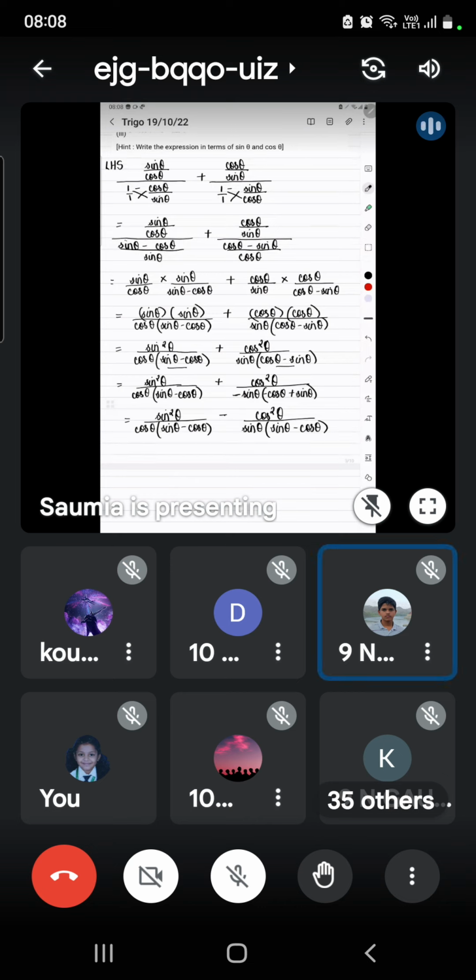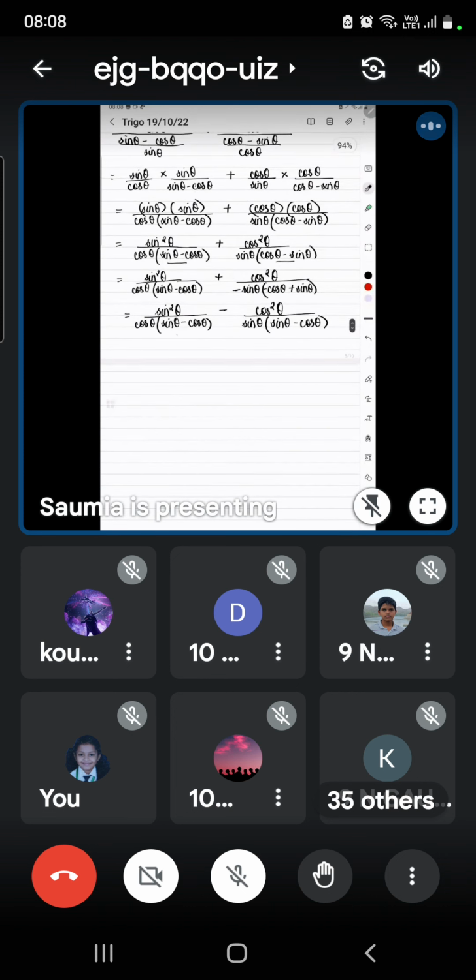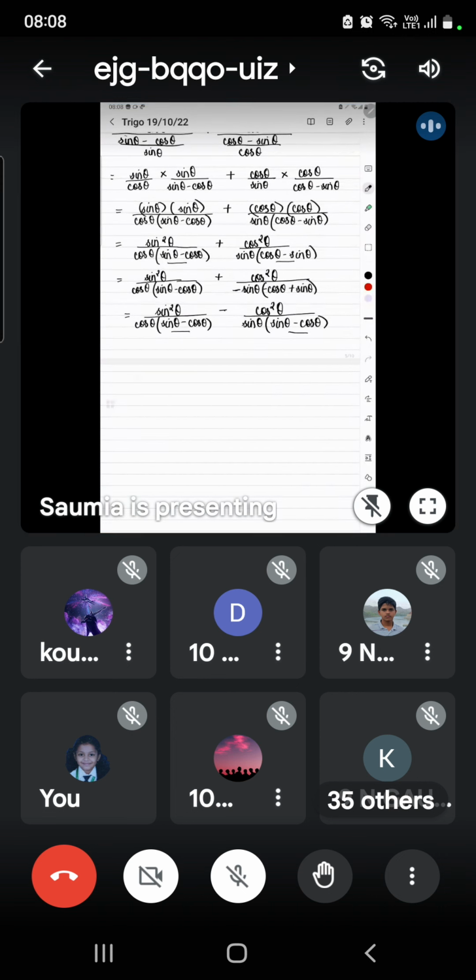Okay. Now, since both these expressions have this common, I can take this out. 1 upon sin theta cos theta, sin square theta upon cos theta minus cos square theta upon sin theta.